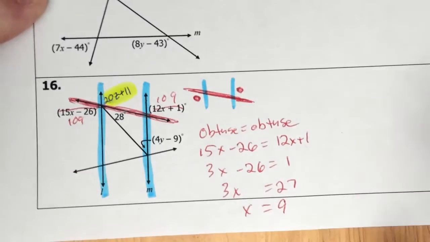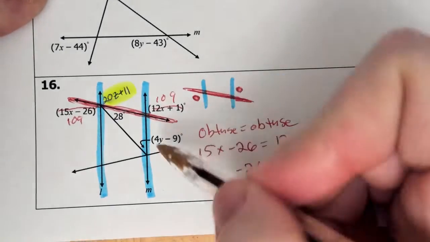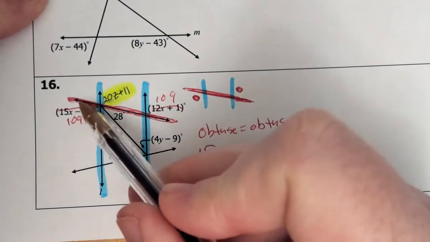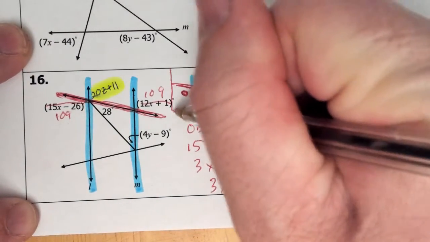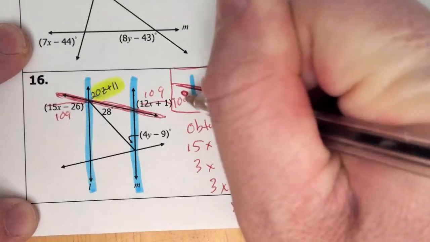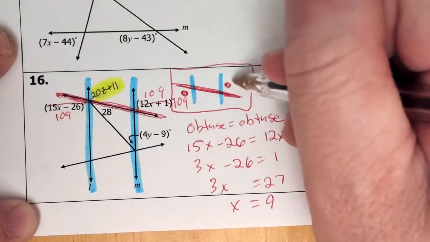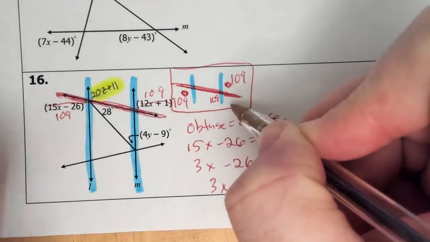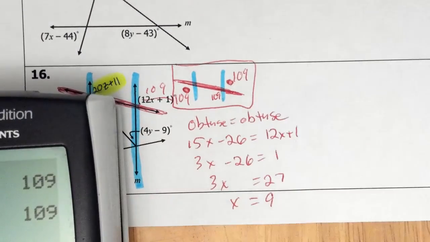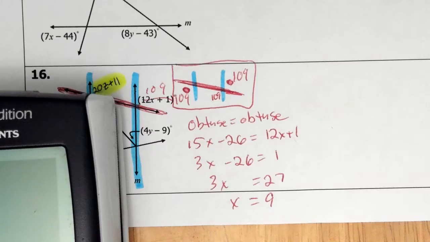Okay, so now that we have that, let's zoom in a little bit and find the next angle. If this is 109, now if I go back to this picture, we can actually find a bunch of other angles. That's 109. This right here would be 109. And then what would be left over? 180 subtract 109.